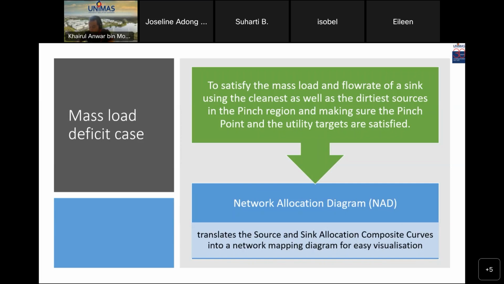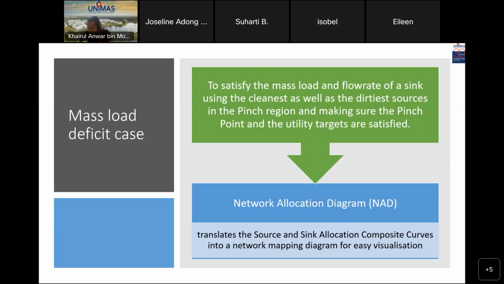The case where the mass load of a sink is satisfied but not its flow rate is shown. There is another important case, which is the mass load deficit case, where the source meets only the flow rate of the sink but not the mass load.